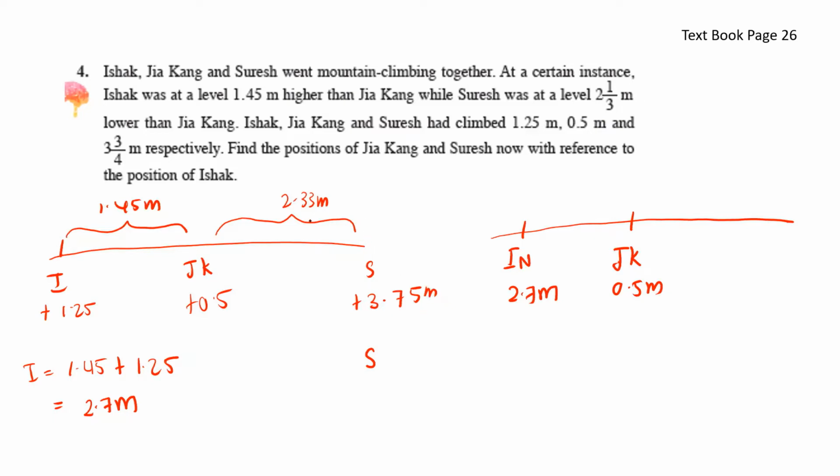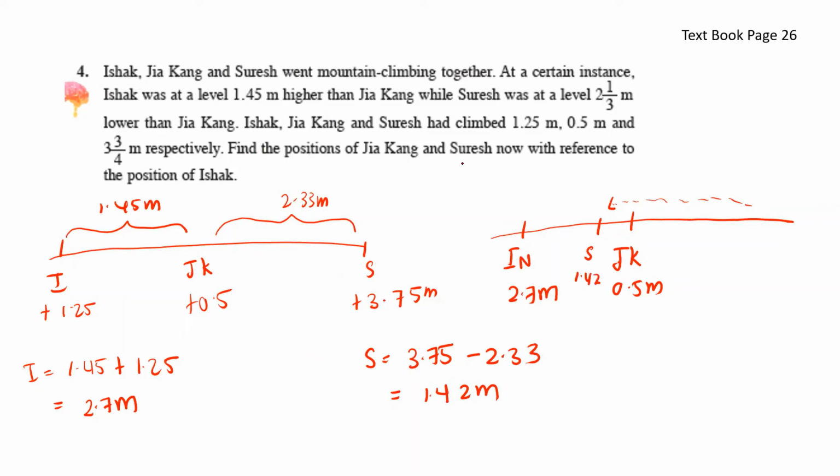That means he will exceed the position of Jiakang. This means Suresh 3.75 minus 2.33, and this will give us 1.42 meters. So means Suresh was initially behind Jiakang. He has climbed until here. So now Suresh's new position is here at 1.42.